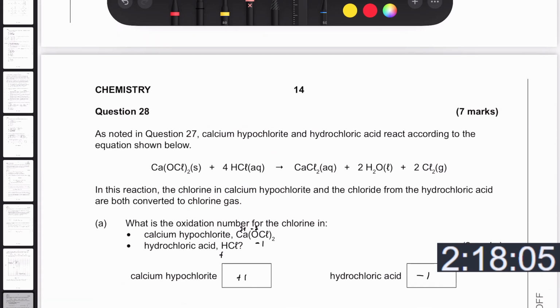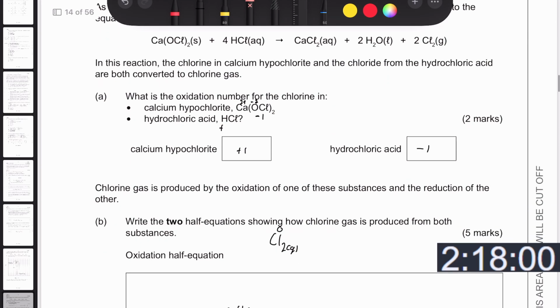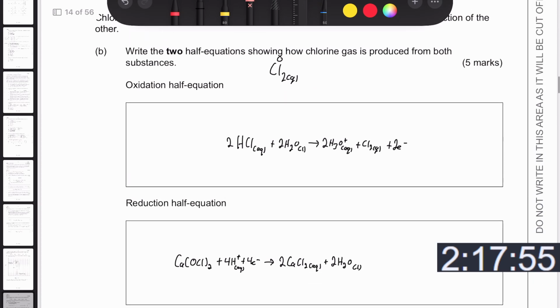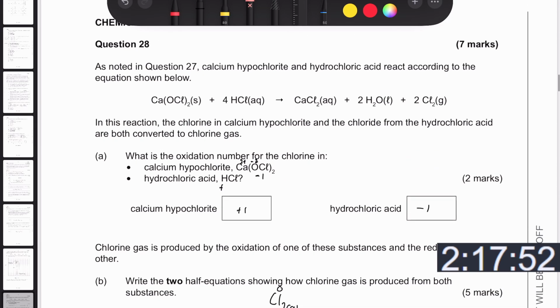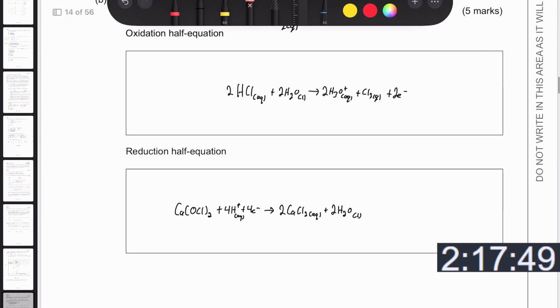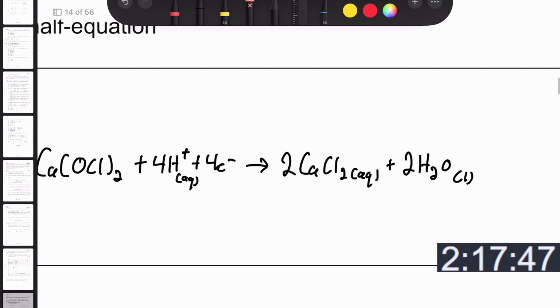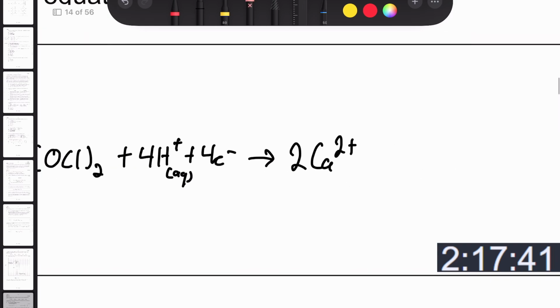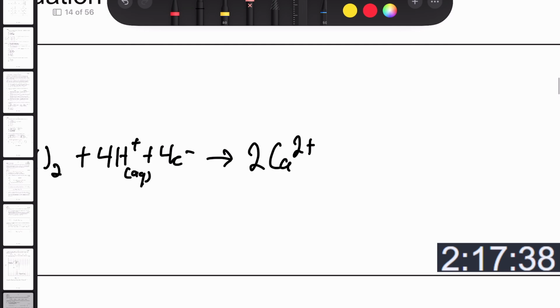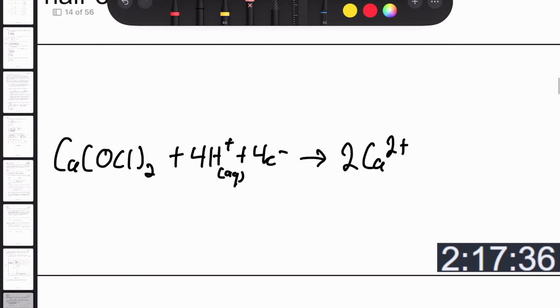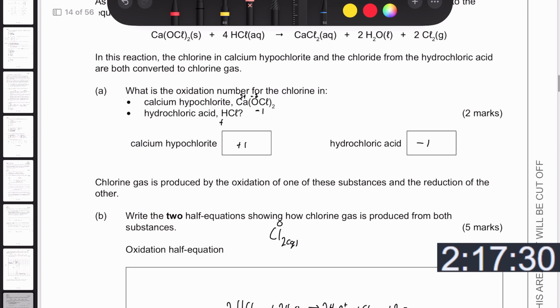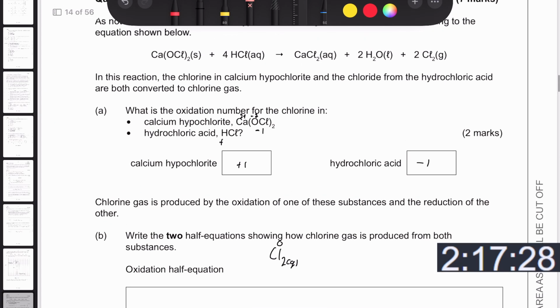In the reaction, the chlorine and the chlorine from are both converted to chlorine gas. How are they both converted to chlorine gas? Waters, 2H2O.